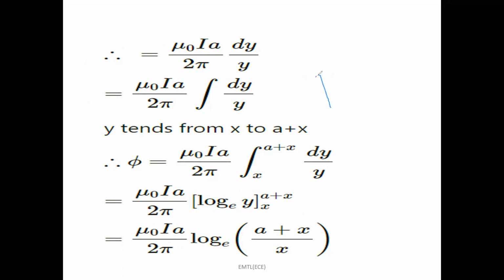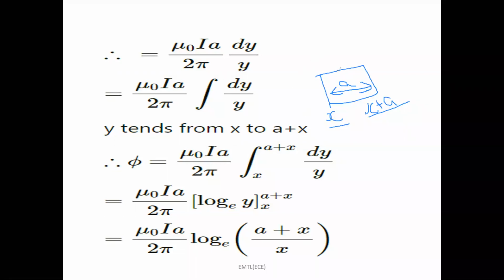When you observe the figure of the square loop, this is the x value and the end limit is x plus a, because this width is a. So the limits are x to x plus a.